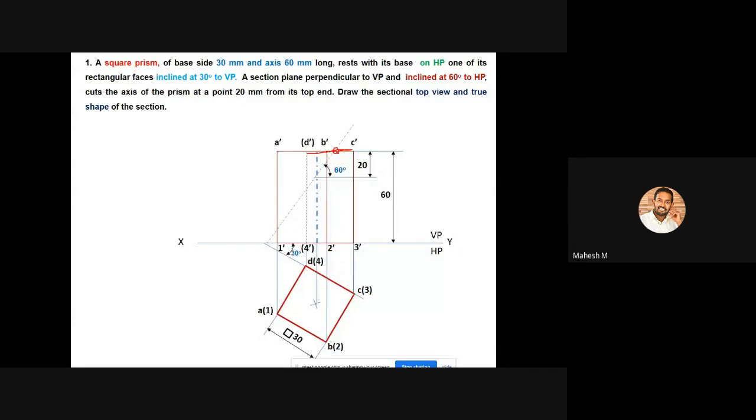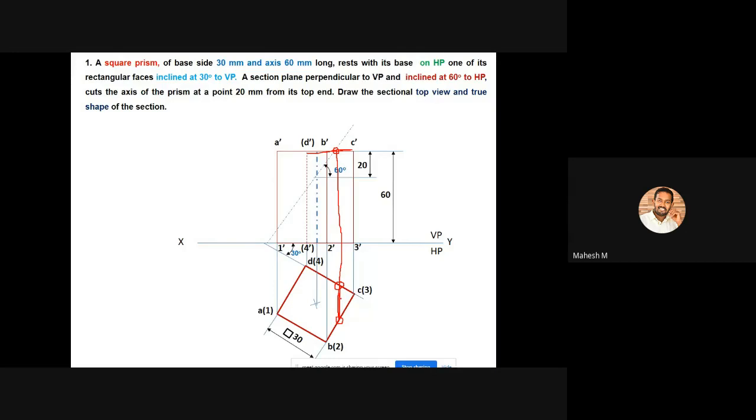You can't see whether it is a single line or two lines. We have 2 lines: one is B to C and another one is C to D. So you have to project this cutting point towards B to C and also C to D. From B to C, it is touching at this place. Please make a note of it. And C to D, it is touching at this point. So you have to create a vertical line for these 2 points.